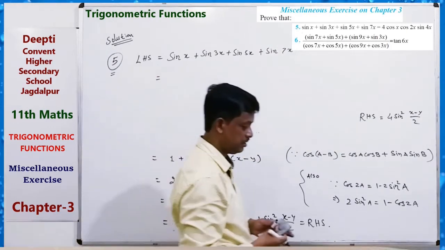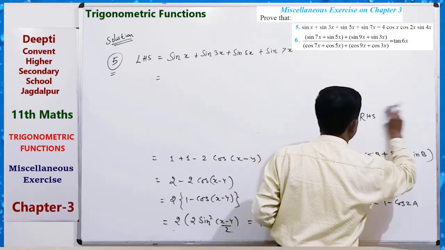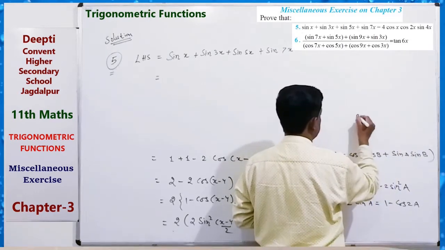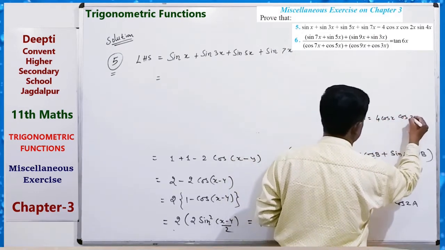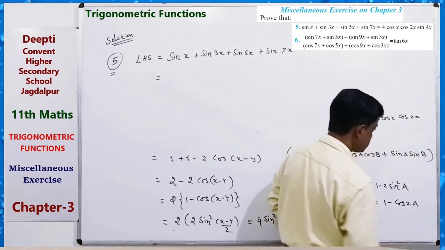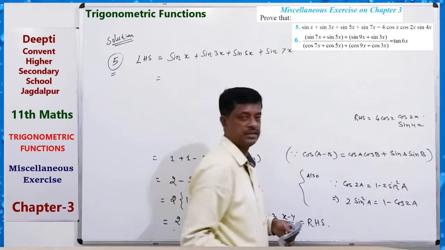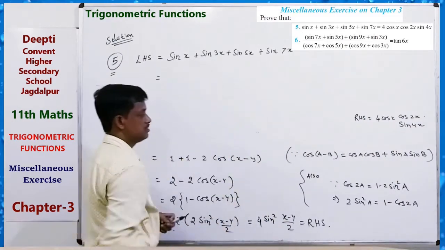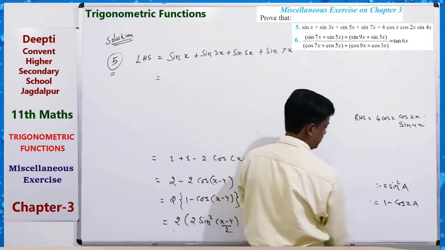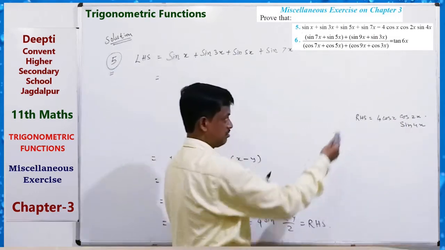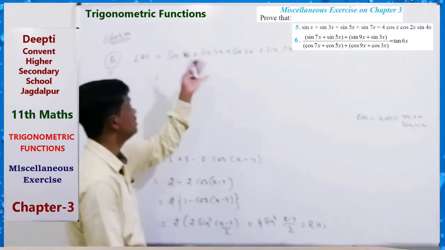Now we have to find the value as 4 cos x cos 2x sin 4x. The right hand side we require is 4 cos x cos 2x sin 4x. From this we have to find it like this. Here the right hand side is a multiplication, and here we have addition.